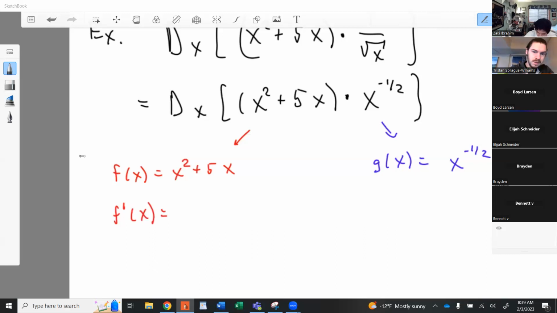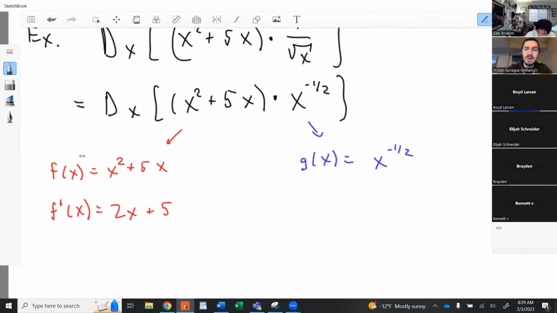Okay, that's going to be 2x plus 5 using the basic rules like power rule, basically. And then, constant multiple rule and sum and difference rule, sum rule, I guess. Okay, so we got that one. And then let's do this one. Take a moment to see if you can get the derivative of g over here.